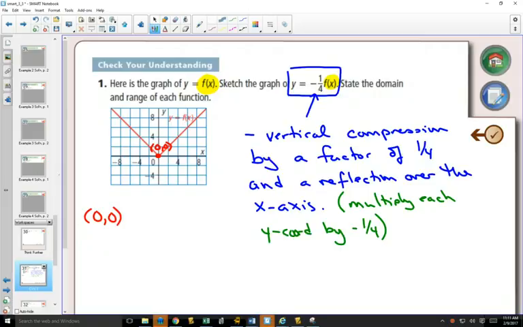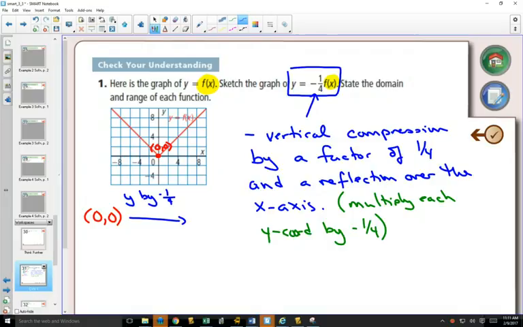And what we're going to do with our points to show our work is we're going to have our original point. We're going to draw an arrow, and above it we're going to tell what we're going to do to that point. In this case, we're going to multiply our y value by -1/4.